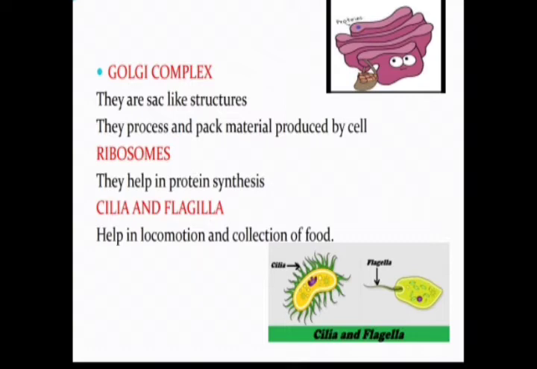They are external projections, and they help in locomotion as well as collection of food. They are not present in all types of cells; in plant cells they are completely absent, and only in animal cells are they present. In a few smaller unicellular organisms, such as amoeba, paramecium, euglena, etc., they play a very important role and help in locomotion or catching of food.